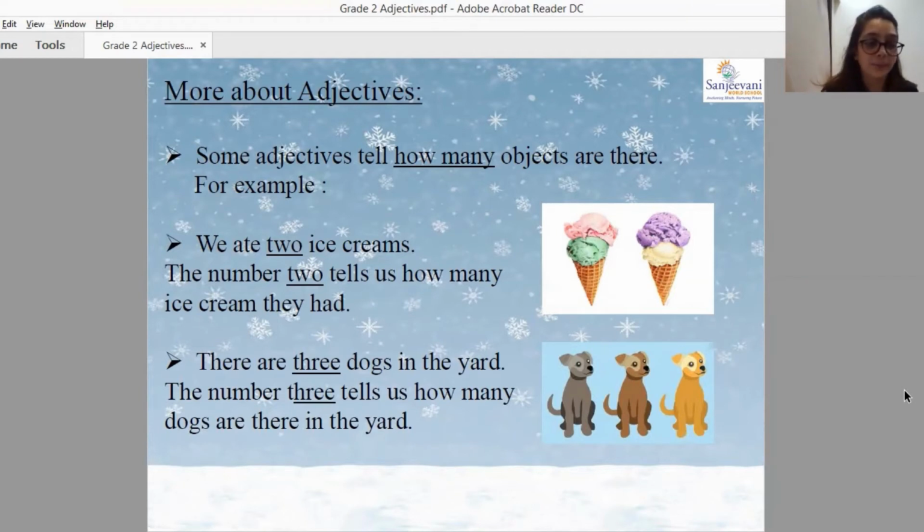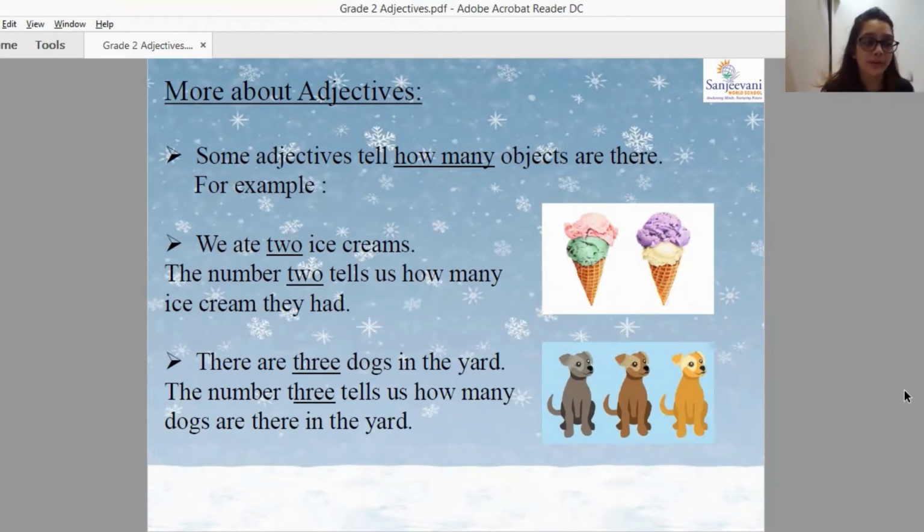Again, I'll repeat, that is we ate 2 ice creams. So over here, the number 2 is describing more about the ice cream. And it tells us how many ice creams the other person had. So that is the meaning of 2. That is the meaning of how many. Correct?